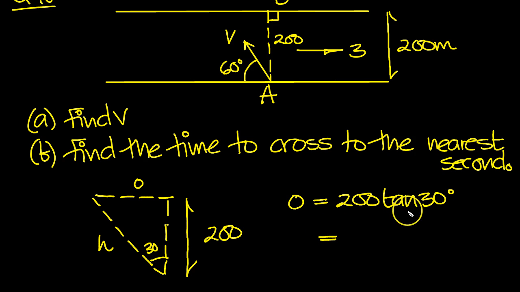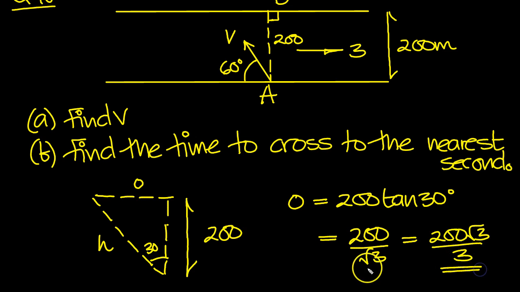Tan 30 is 1 over root 3, so this is 200 over root 3, which we can bring up to the top: 200 root 3 over 3, multiplying by root 3 top and bottom. So there's the total distance.